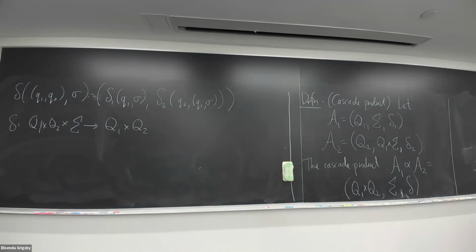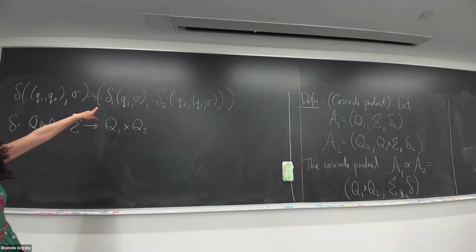Yeah, that makes sense. Unless, do you want to write it as Q1, delta 2 of Q1 comma Q2 comma sigma? Because doesn't it input space Q1 and then Q2? Just change the order. I'm not sure it matters. No, it definitely matters. So confused.